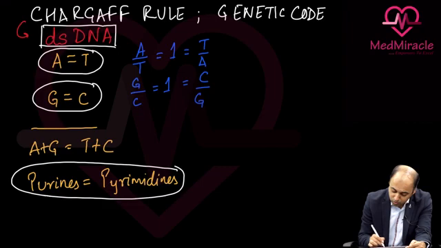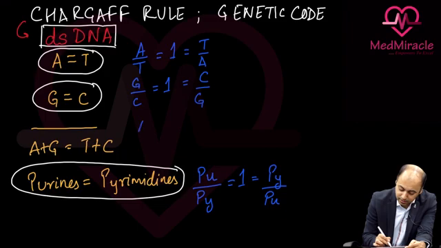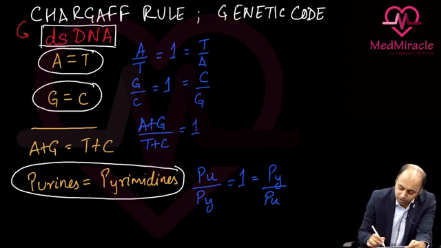The amount of purine and pyrimidine, because they are equal, the ratio is 1, and the ratio of pyrimidine to purine is equal to 1. We can also say that the ratio of A plus G upon T plus C, which is the purine to pyrimidine, is equal to T plus C upon A plus G.